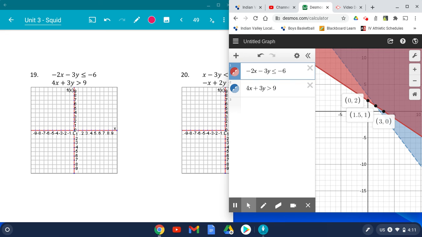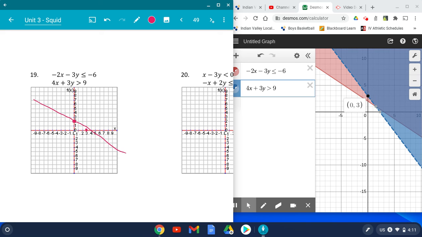Some pretty cool points right there. So we got 2, 0 and 3, 0. That's a solid one. And then this other one is 3. And it's dotted. And my double shaded area is up here.